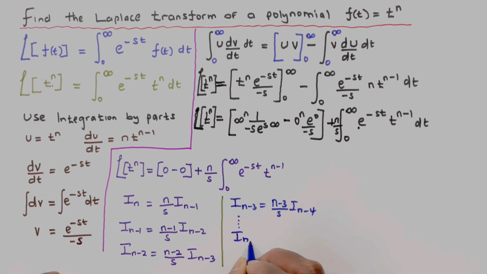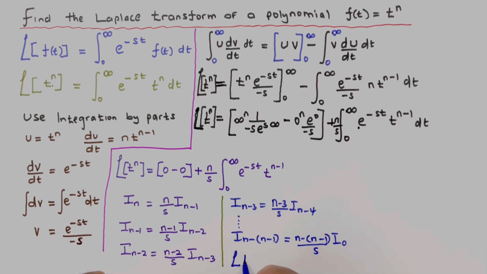Well, if we write I subscript n minus n minus 1, because that will be 1. So we're going to get n minus 1 over s, and the I must be 0, because if that was 1, the next subscript will be 0.